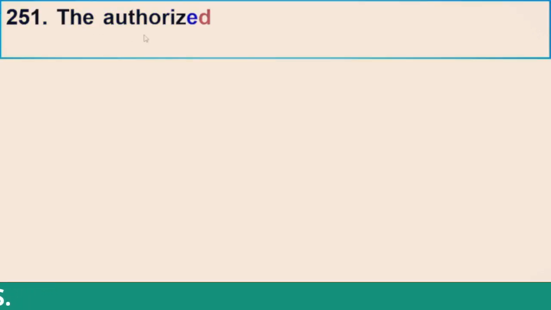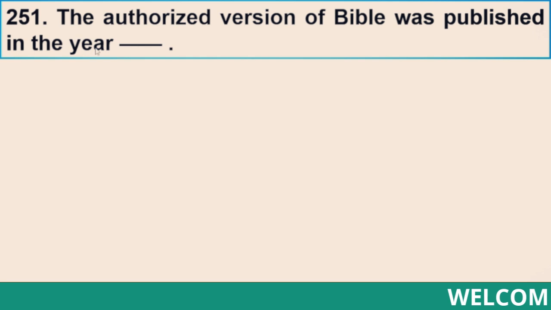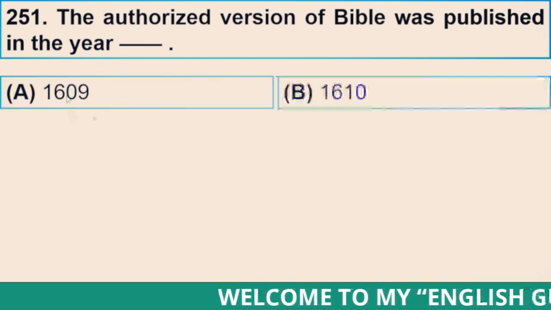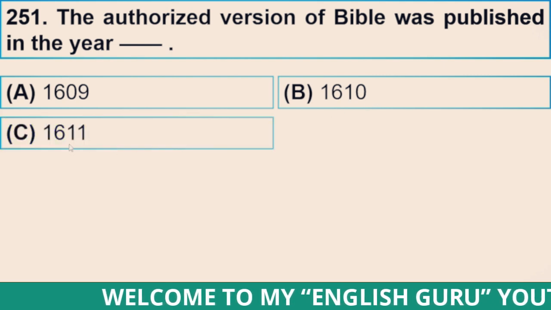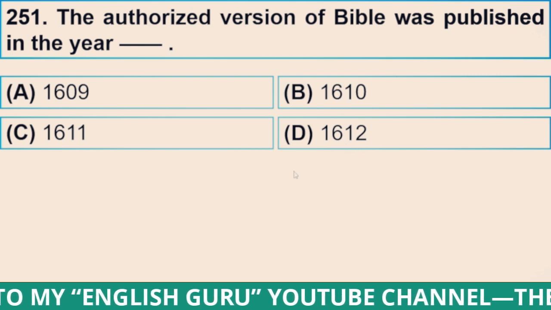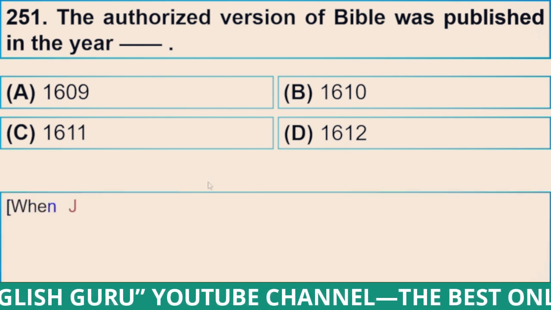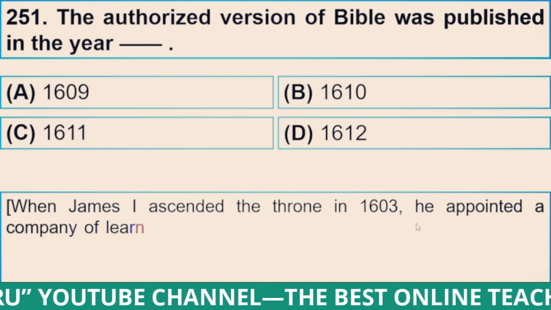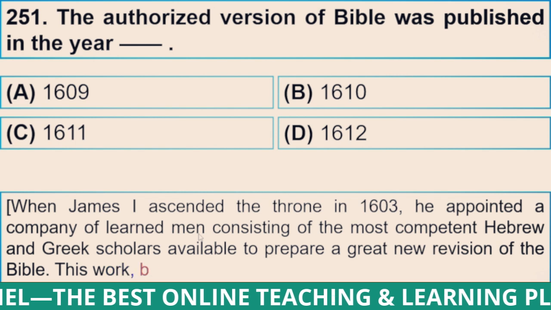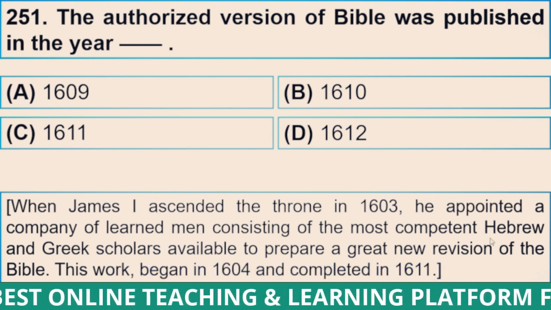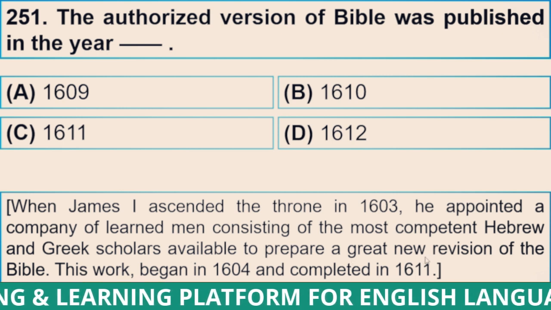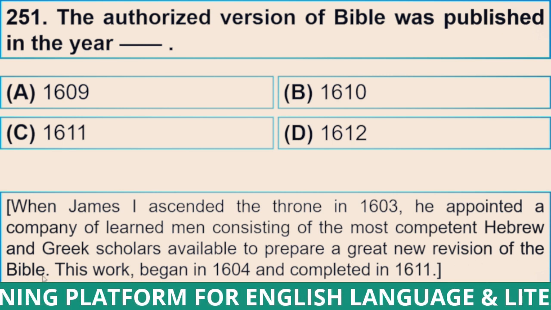The authorized version of Bible was published in the year option A 1609, option B 1610, option C 1611, and option D 1612. When James I ascended the throne in 1603, he appointed a company of learned men consisting of the most competent Hebrew and Greek scholars available to prepare a great new revision of the Bible.